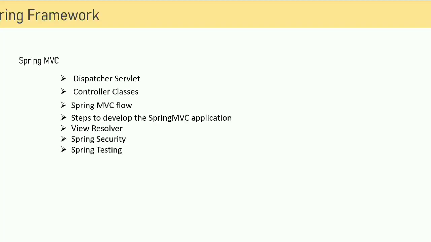All the modules are important, but I am saying Spring MVC is important because it has a huge amount to learn, and we can create web applications using the Spring MVC module, where we will learn new things like dispatcher servlet and controller classes. We can have service classes and a DAO layer. We will talk about the different layers and the flow of Spring MVC.